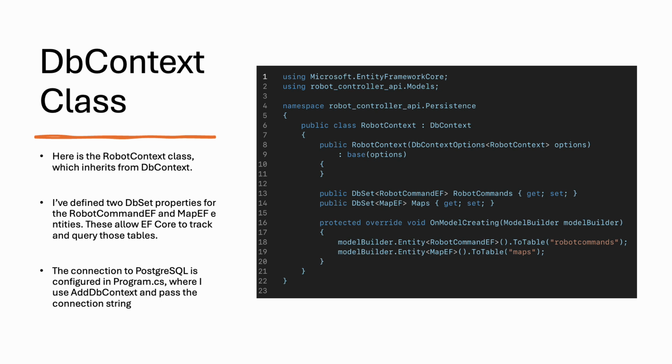I've defined two DbSet properties for the RobotCommandEF and MapEF entities. These allow EF Core to track and query those tables, and the connection to the SQL is configured in the Program.cs, where I used AddDbContext and passed the connection string.